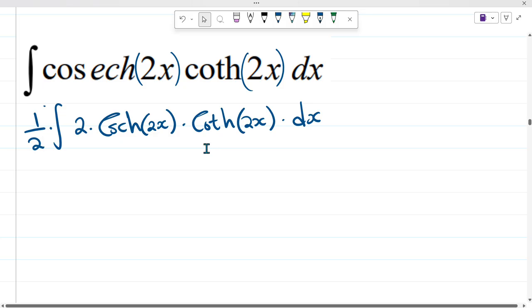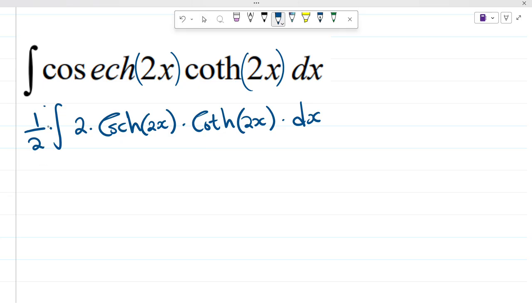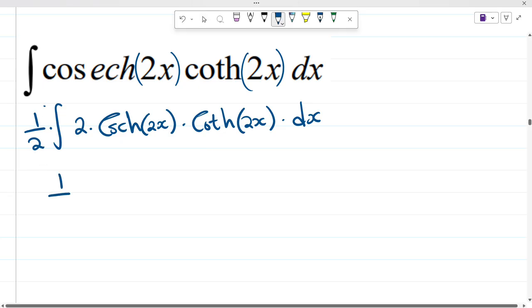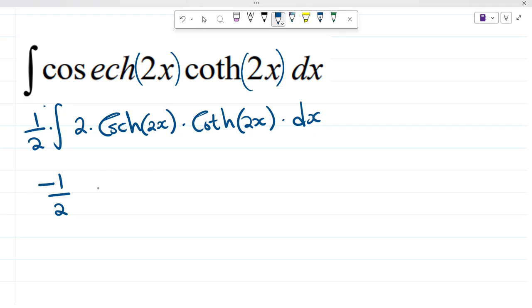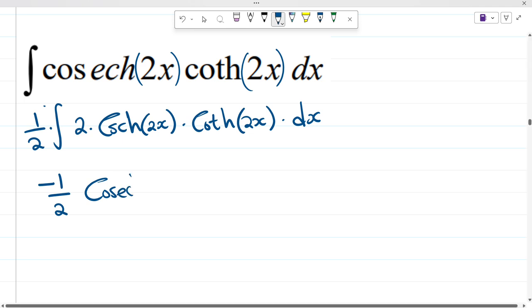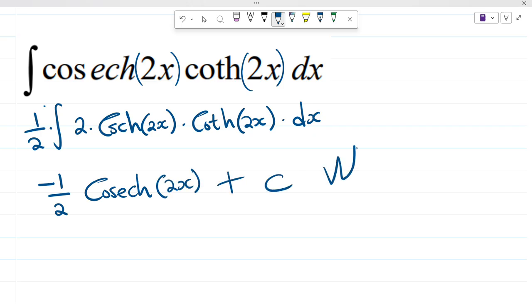So negative hyperbolic cosec was differentiated for us to get the positive one. So whatever is outside the integral should go with you to the answer. And then that one, we say it's negative hyperbolic cosec of that argument that we're dealing with, 2x, plus c. Ta-da! You have your answer there.